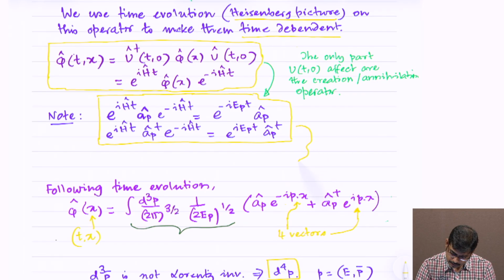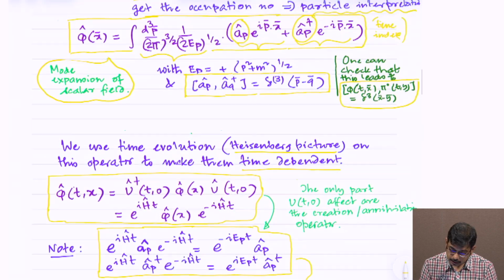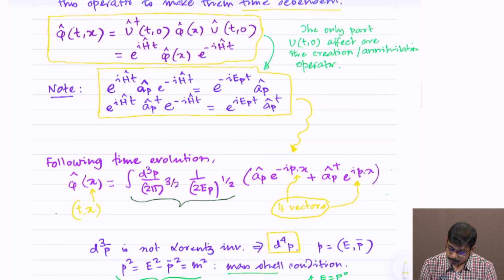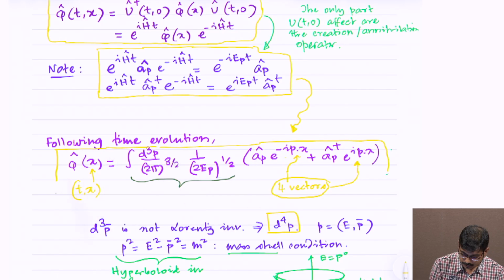So the time-translated part is going to look like a_p e^(−ip·x), remember now this is a 4-vector, not the 3-vector that we had, plus a_p† e^(ip·x). So this is basically your field. Now it has both space and time components in it, and the mode expansion looks like this.